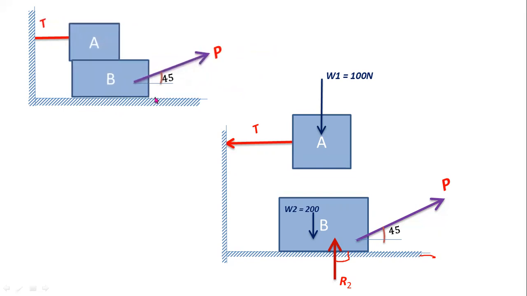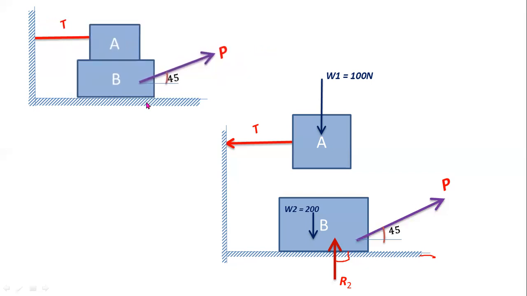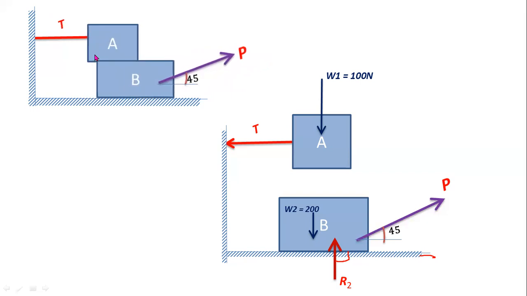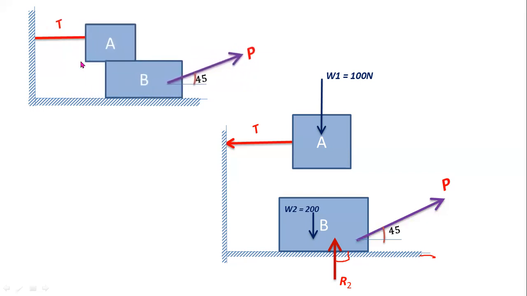So here this is a fixed surface, this is a bottom moving surface. Now this is a top moving surface, this is a bottom moving surface. So here at block A and B, the common surface is this one.